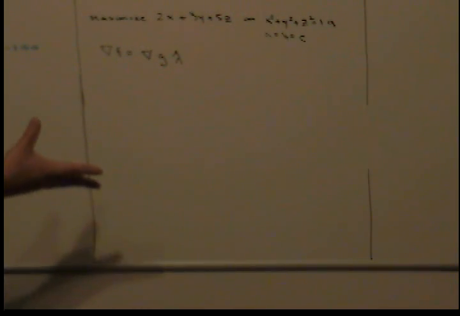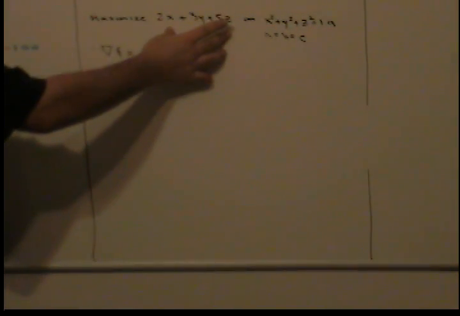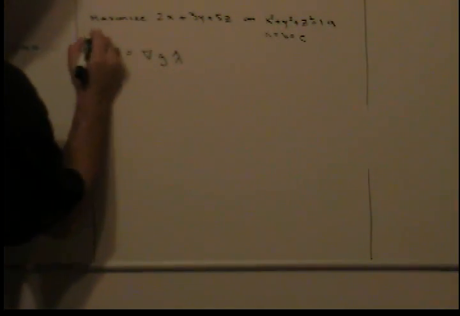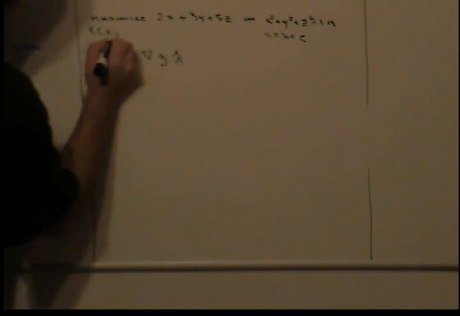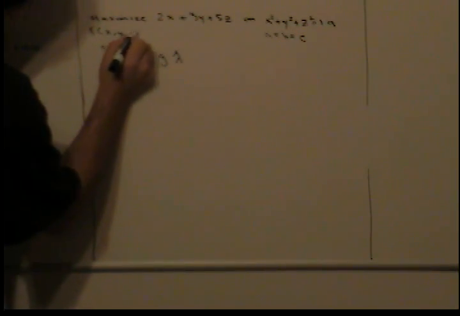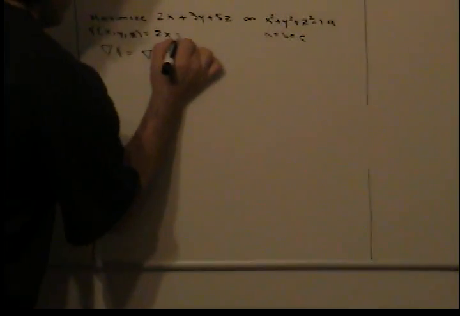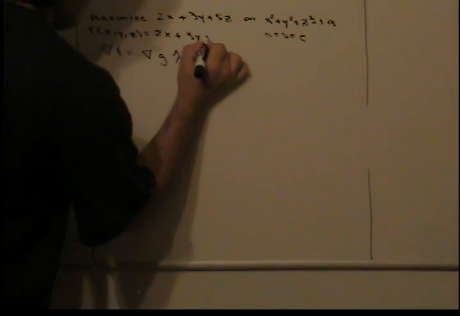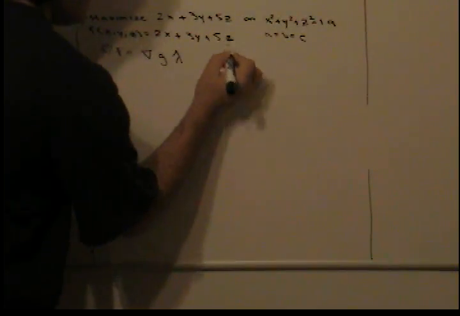The first thing you want to do in order to see if you can use this method is you have to have two functions pretty much. We can call this a function of x, y, and z, and we can call this a function of x, y, and z, right? So we can say f of x, y, z equals 2x plus 3y plus 5z.